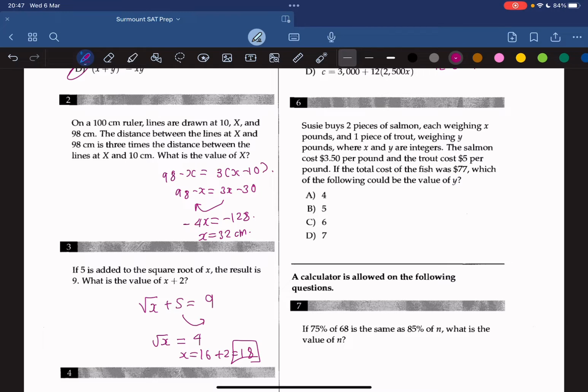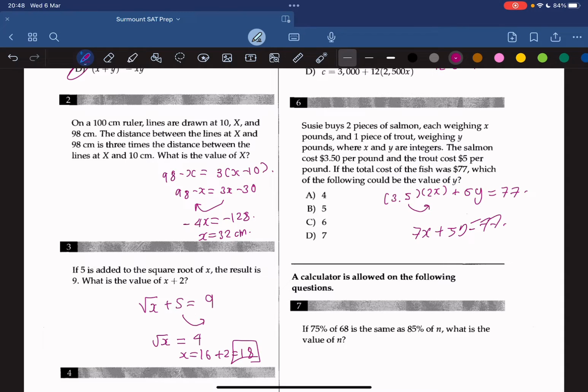We know it's $3.5 per pound times 2x, plus 5y, and that's equal to $77. Now we can just multiply this out. So we get 7x plus 5y is equal to 77, and we know that x and y are integers. So what we can do is simply plug each answer choice into the equation to see if we get an integer value.